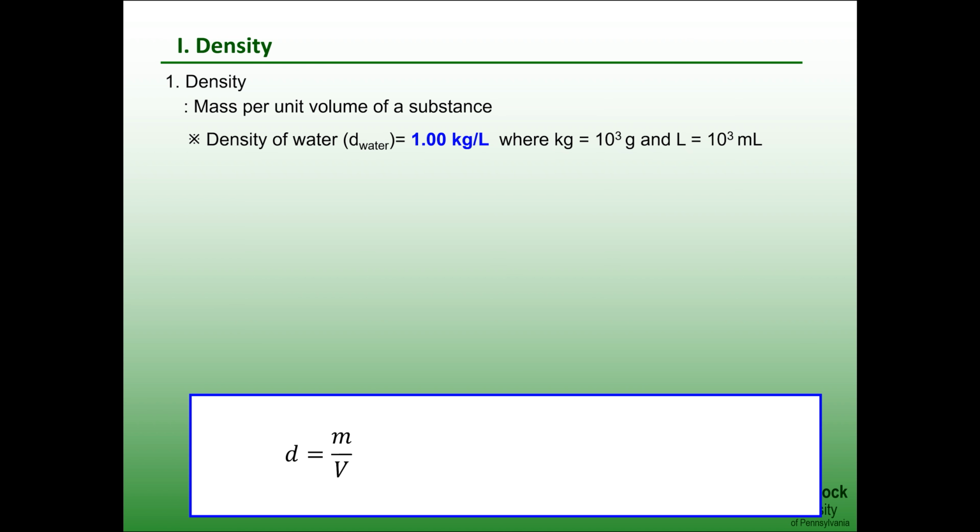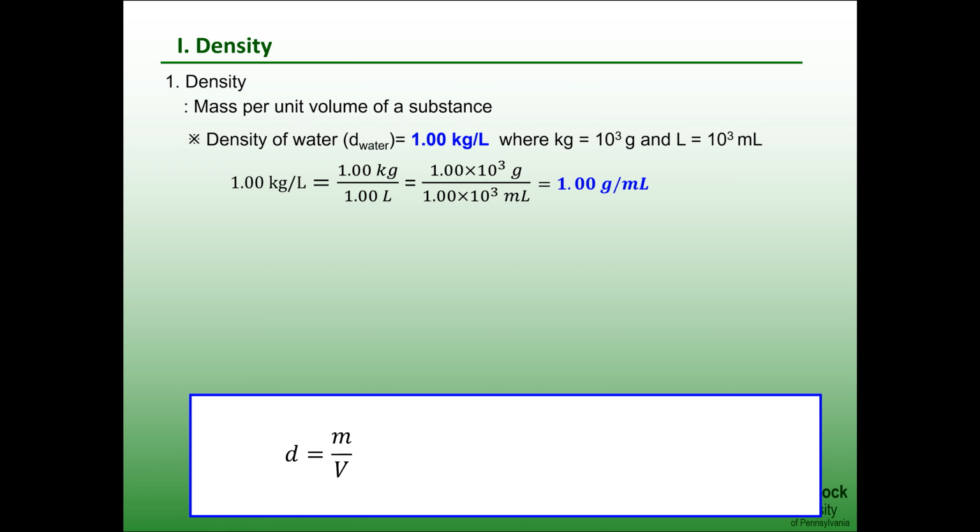Because 1 kilogram is 1,000 grams, and 1 liter is 1,000 milliliters, we can convert it to 1.00 grams per milliliter. So the density of water is also 1.00 grams per milliliter, which is a commonly used unit in chemistry.